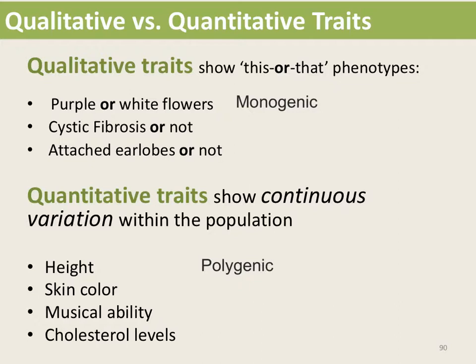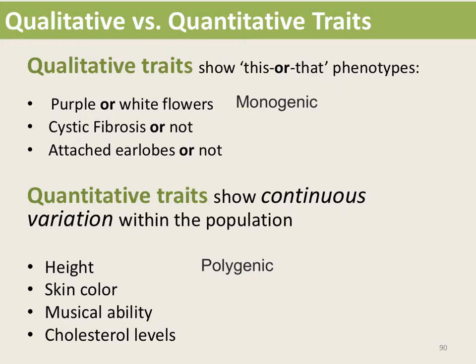Okay, that means there are many genes that have a small effect. So like height is affected by many genes, and depending on which alleles that you have, you can end up at various heights, and it follows a normal distribution.